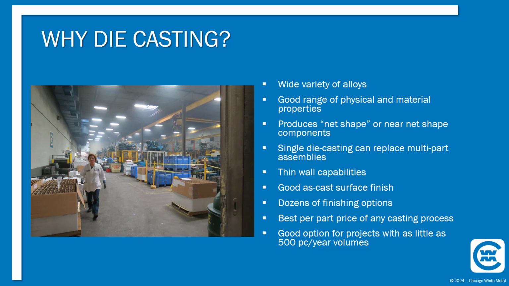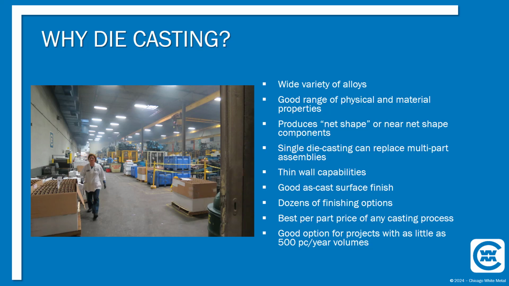Other things to consider with the die cast process: if you have a multi-part assembly, there are sometimes ways to convert that to a single die casting, obviously reducing part count and assembly time. It's a very economical and cost reduction way of looking at your product if there are ways to remove some of those extra processes.